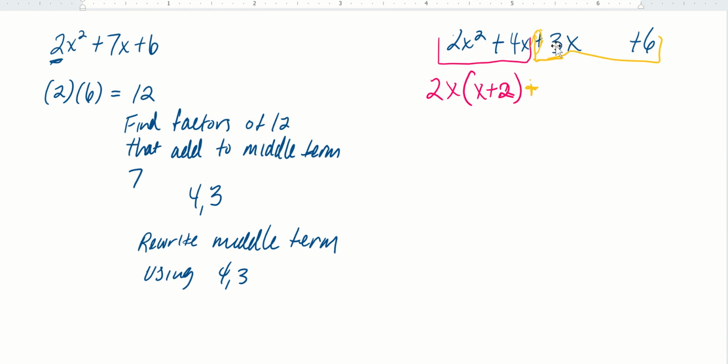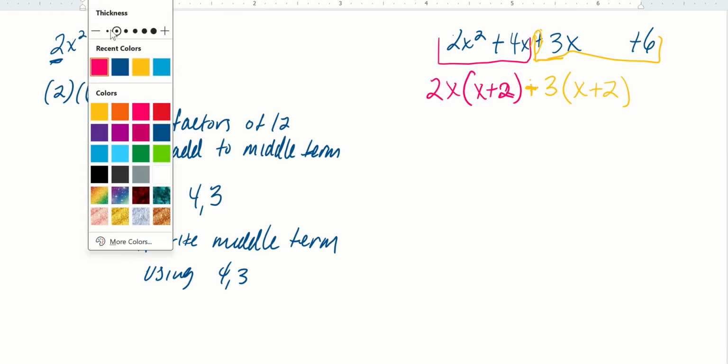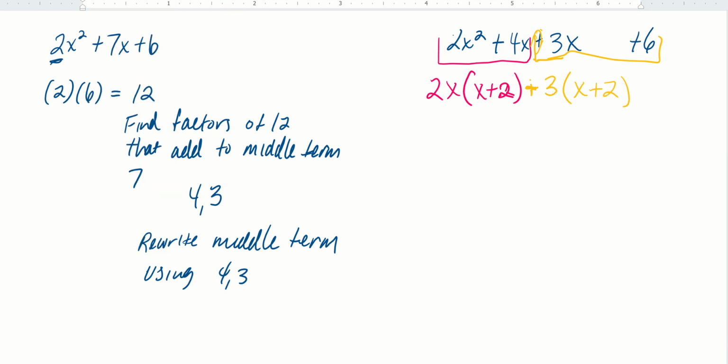And then the common factor between 3x and 6 is 3. 3x divided by 3 is x. 6 divided by 3 is 2. It's a good sign because the term inside the parentheses is identical. And then we're just going to combine everything. So 2x plus 3.